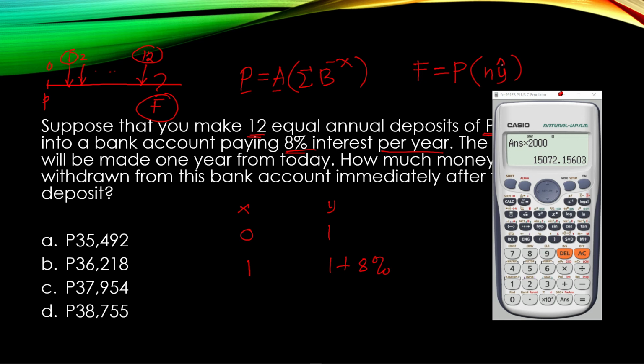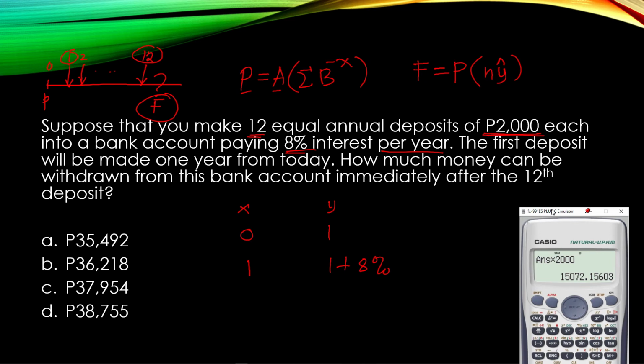Okay, so ano ba yung gusto niya? Suppose that you make 12 equal annual deposits of 2,000 each into a bank account, after the first deposit will be made, and so on.